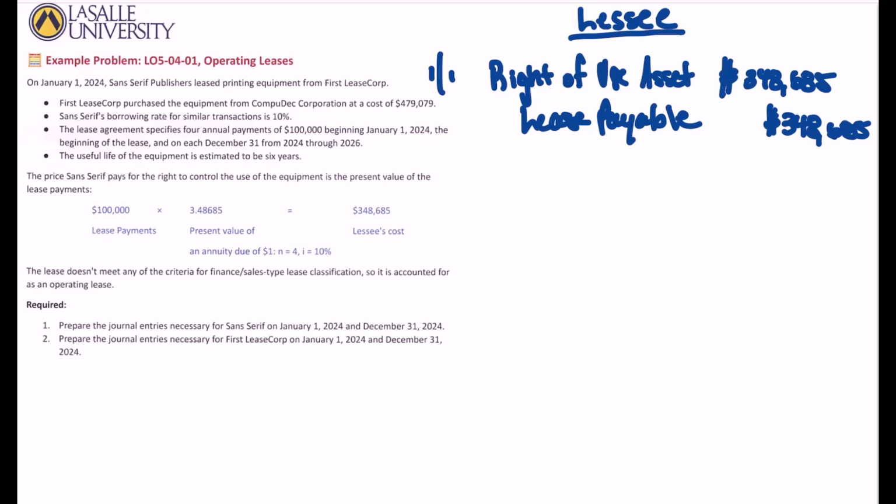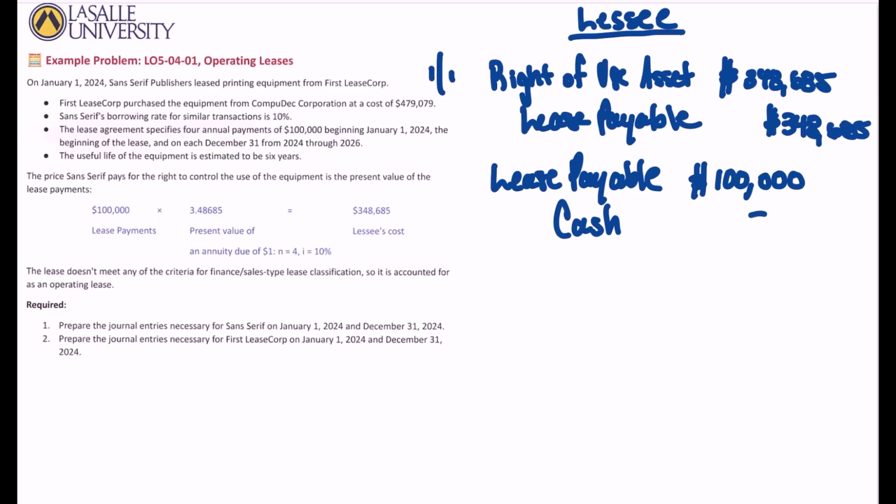And then also on this date, because this is an annuity due, the lessee is going to record a reduction to the lease payable and a payment of cash equal to the $100,000 that they mentioned in the problem. So that is the annual lease payments. The first payment is due on the day of lease inception, so $100,000 here. And that is all of the accounting on January 1st, so only on January 1st for the lessee.